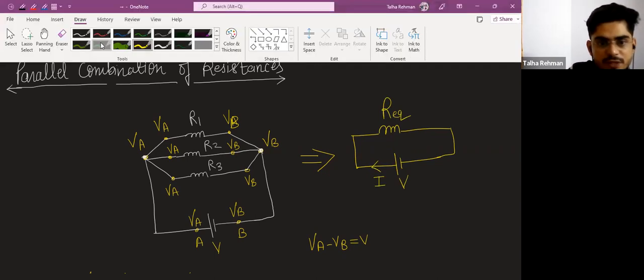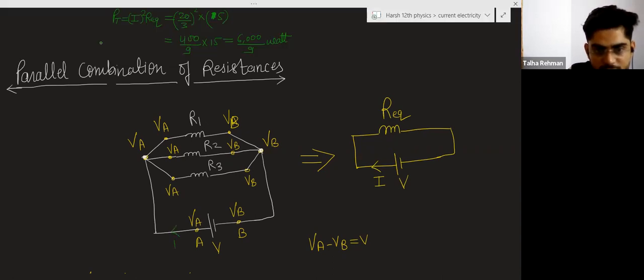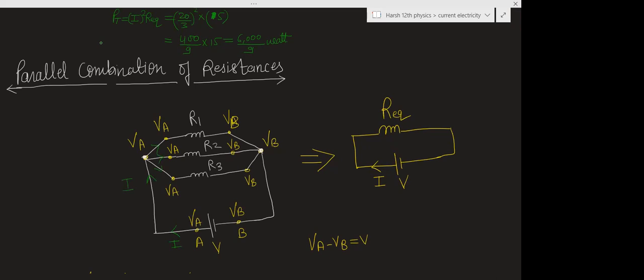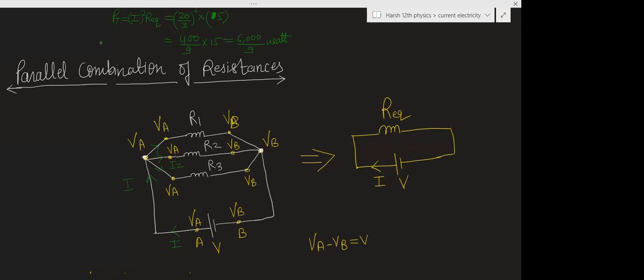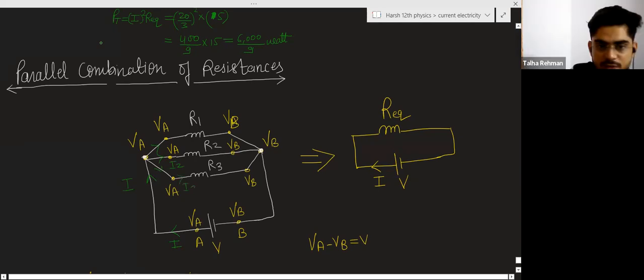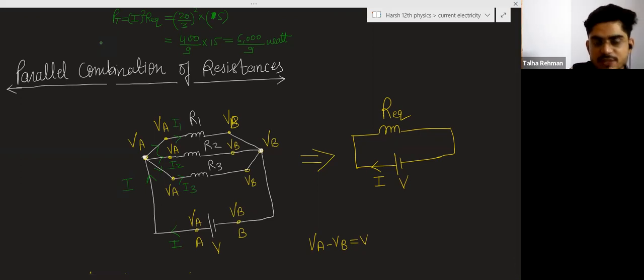From here the current I will flow. Here also the current will be the same, as the wire is the same, but current will change here. Here I1 current will go, here I2 will go, and here I3 will go. Means in this resistance I1 is flowing, I2 and I3.